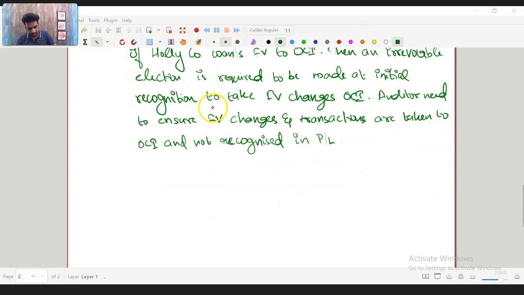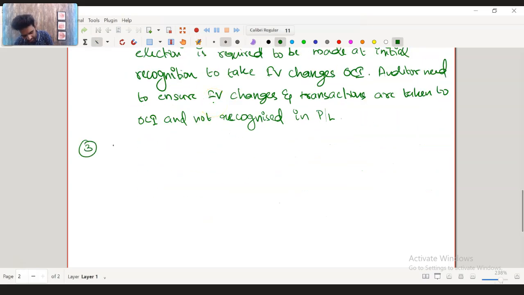Now the next one is about disclosures. So the third point we are going to write about is the disclosures.